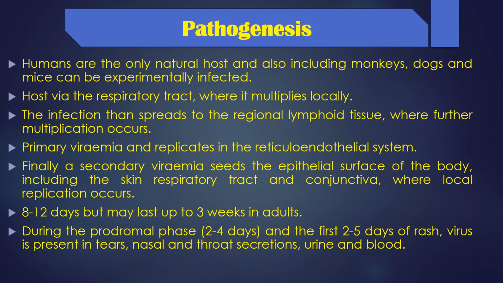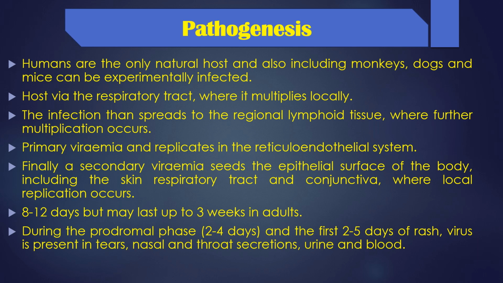Pathogenesis. Humans are the only natural host for measles virus, although numerous other species, including monkeys, dogs, and mice, can be experimentally infected. The virus gains access to the human body via the respiratory tract where it multiplies locally. The infection then spreads to the regional lymphoid tissues where further multiplication occurs.